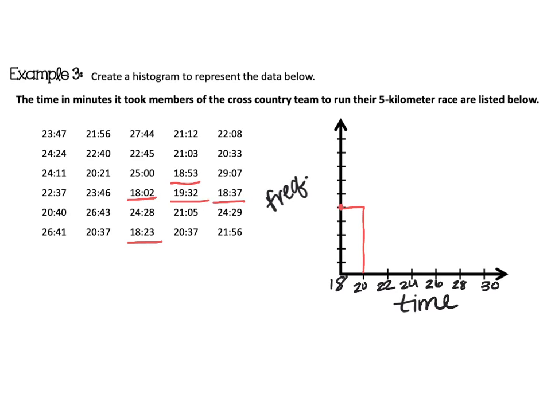I have between 20 and 22, I've got 1, 2, 3, 4, 5, 6, 7, 8, 9, 10 data points. So this column right here covers everything that happens between 20 and 22.